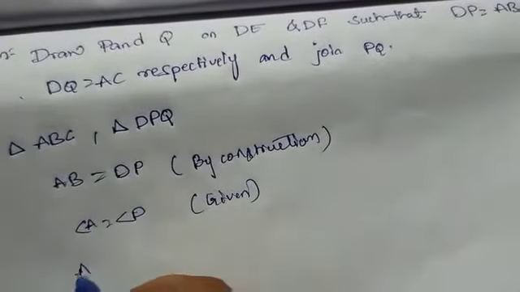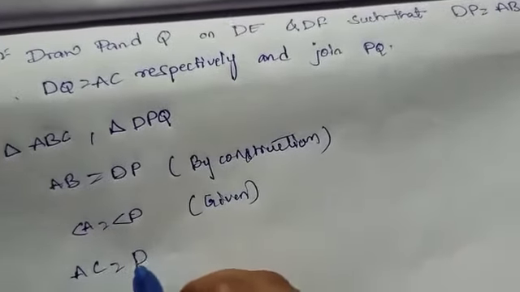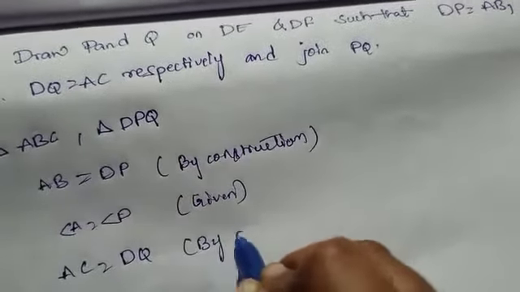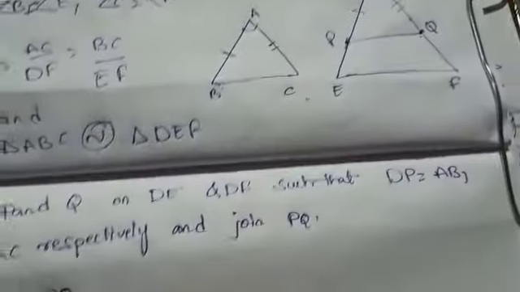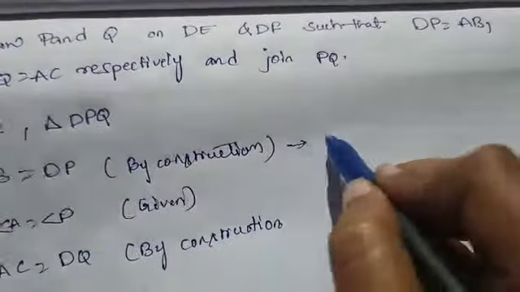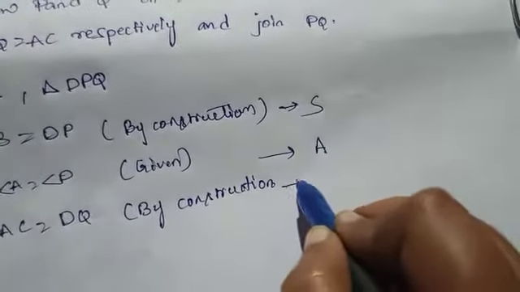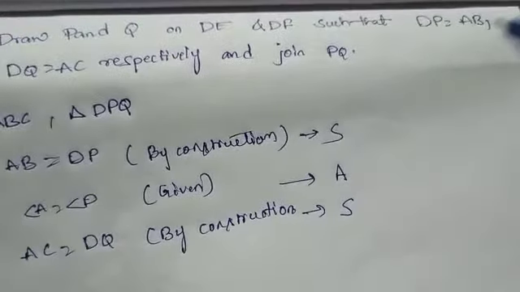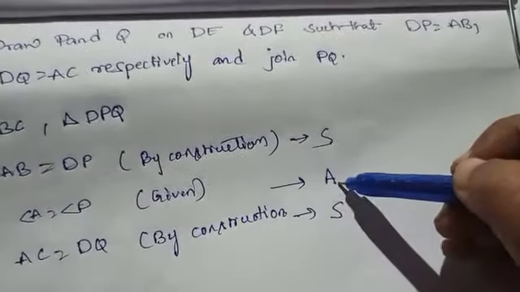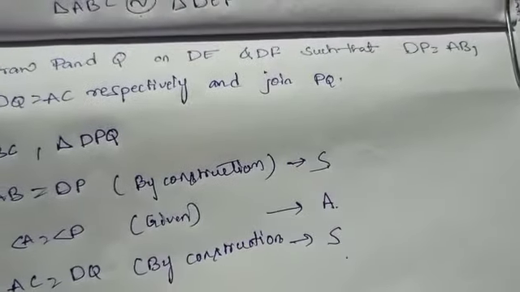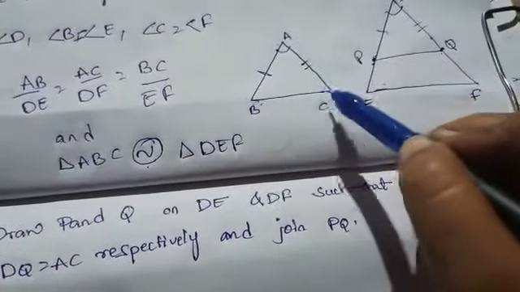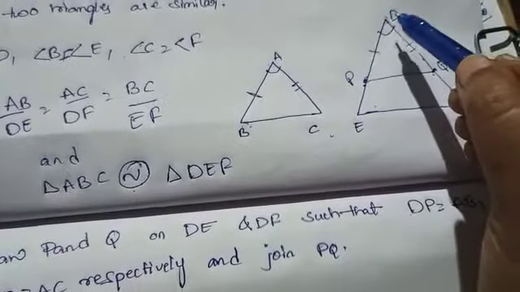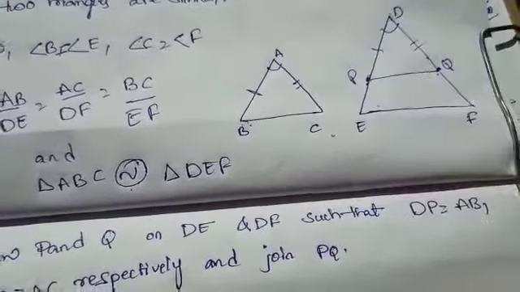And side AC equals DQ by construction. See, this is side, this is angle, this is side. Using the side-angle-side criterion, triangle ABC is congruent to triangle DPQ.